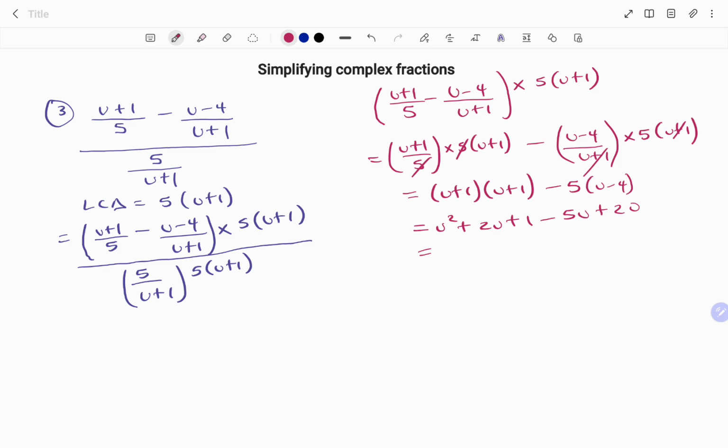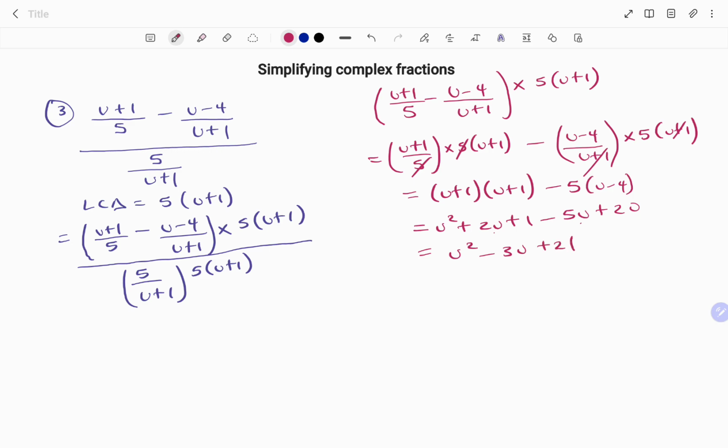If I group like terms, that will be u squared, 2u and 5u have the same variable, so that's minus 3u, plus 1 plus 20, that's plus 21.